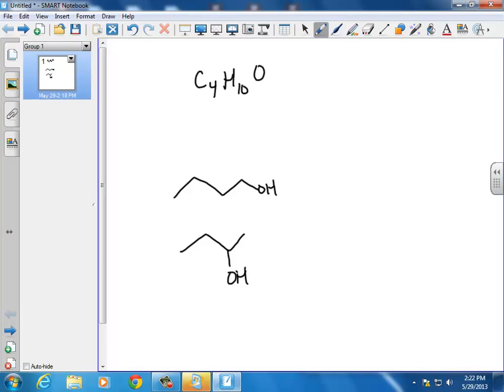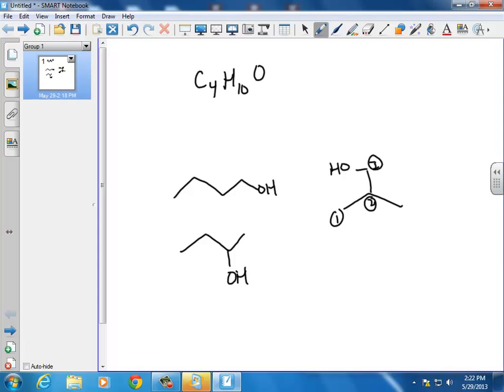Now let's go down 1 carbon to a 3-carbon chain. One thing you could do is branch your hydroxyl group off of the carbon chain along with the methyl group. So for example, this would be 1, 2, 3.